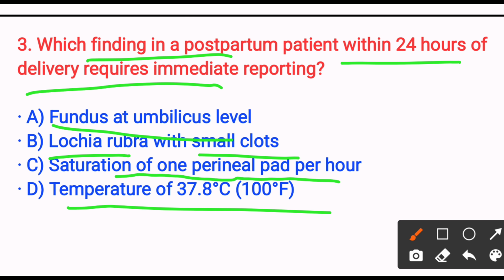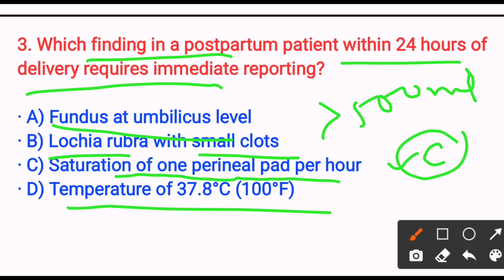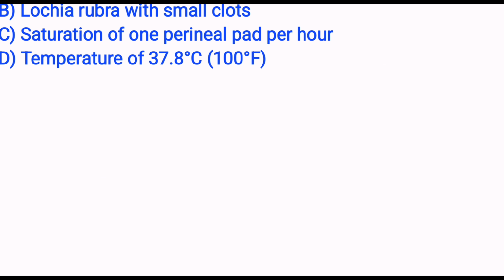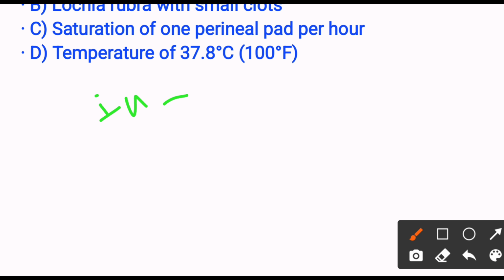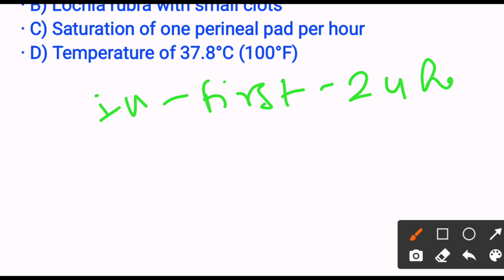The answer will be option C, saturation of 1 perineal pad per hour. It indicates abnormally heavy bleeding, more than 500 ml in the first 24 hours, suggesting postpartum hemorrhage. Fundus at the umbilicus is normal, and lochia rubra with small clots is expected for 1 to 3 days.